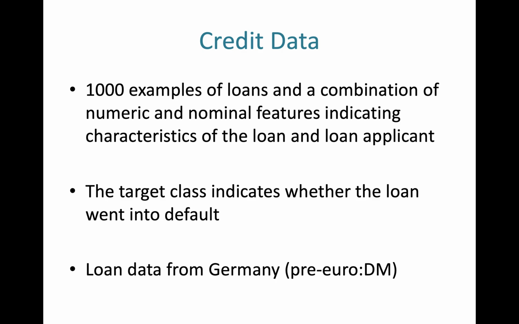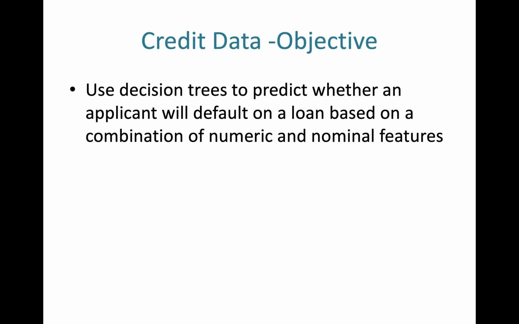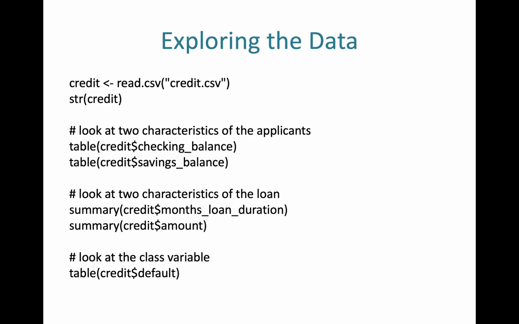In this case, the objective that we are pursuing is to use a decision tree to predict whether an applicant will default on a loan based on the different numeric and categorical features that we have in the dataset. That is, given the different characteristics of the person and of the loan, can we predict whether someone will default or not? And we want to do that by building a decision tree.